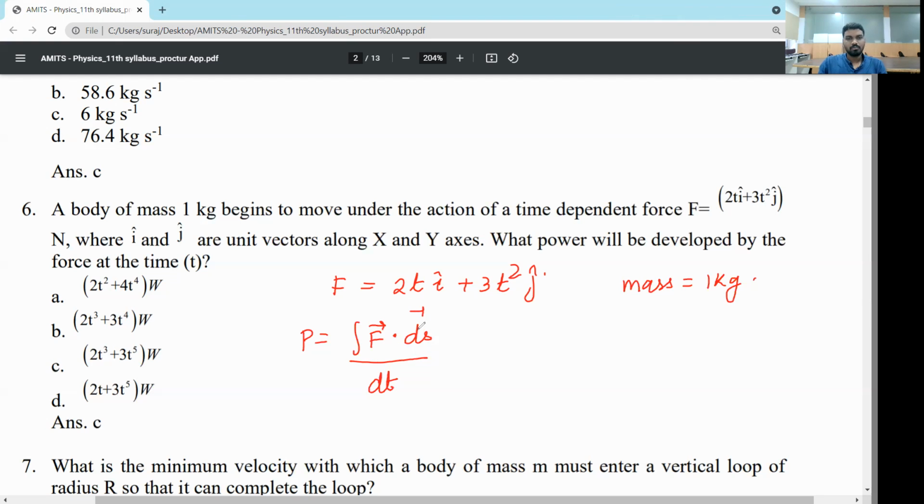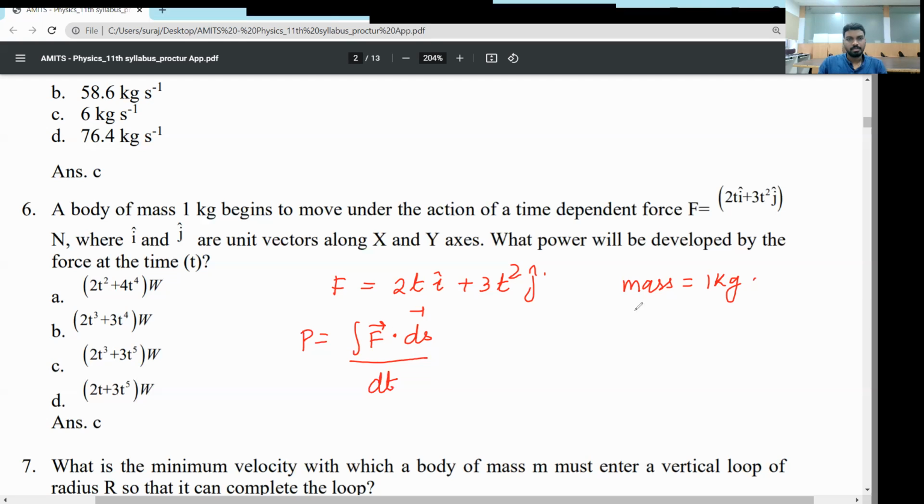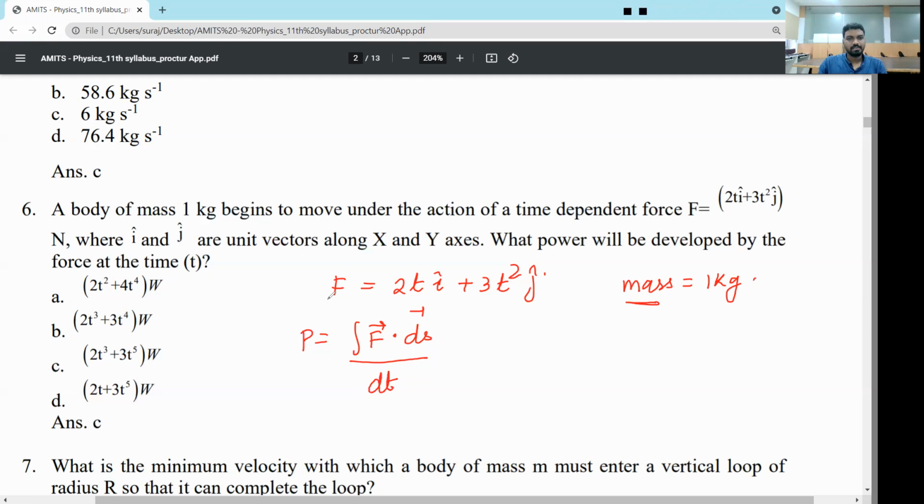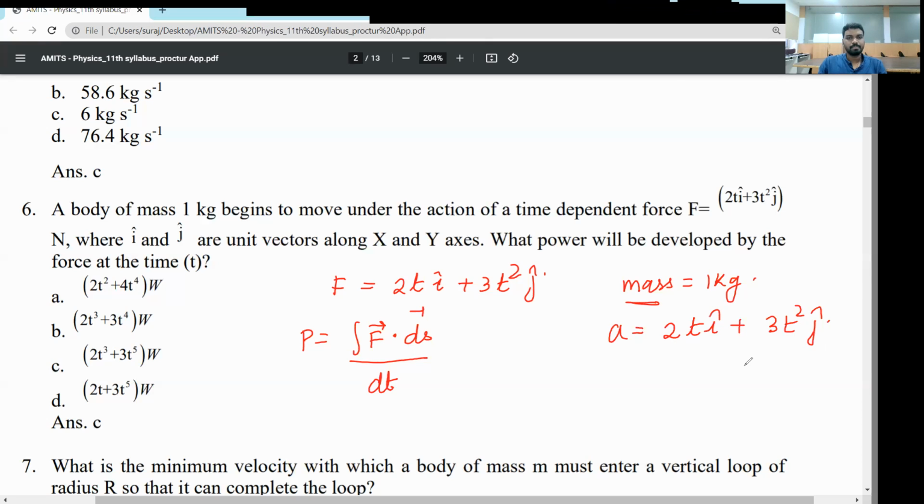F is given as a vector, 2t i cap plus 3t square j cap, and mass is given as 1 kg. They are just asking for power. So with the help of mass, the force is given, and acceleration A will be 2t i cap plus 3t square j cap.